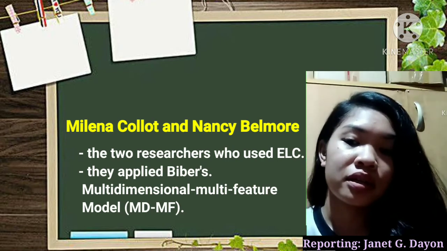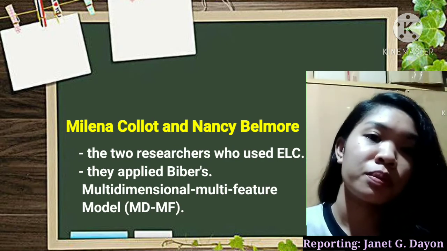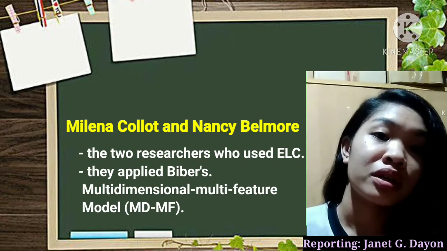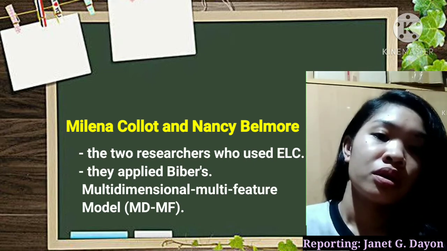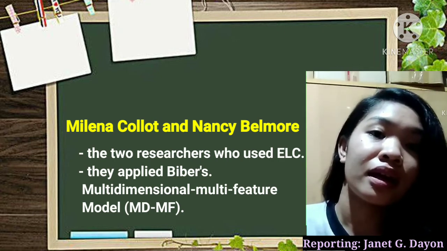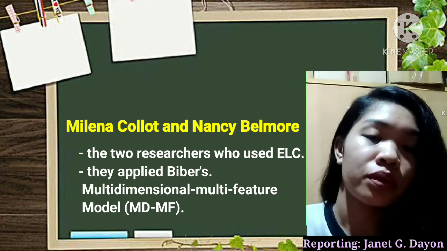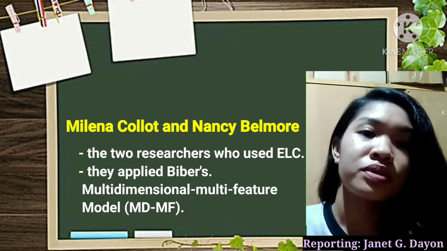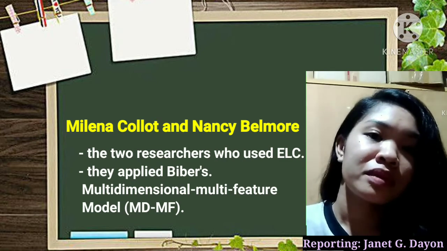Milena Collot and Nancy Bilmer also believe that an empirical study of electronic language requires a suitable model. That is why they use the MDMF, or Biber's multi-dimensional multi-feature model.